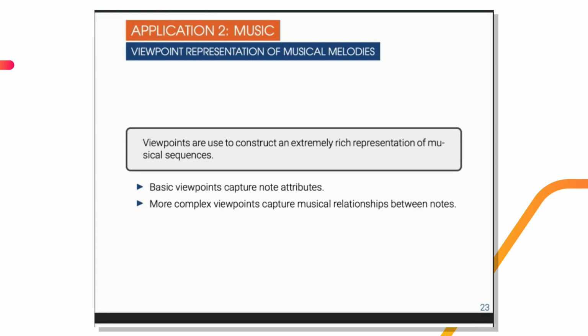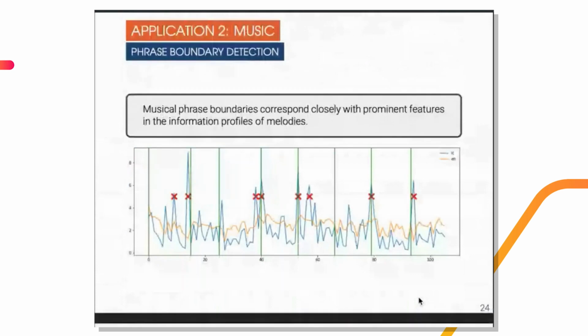And then you have more complex viewpoints, which capture more sophisticated musicological relationships between consecutive notes. So you might have things like inter-onset interval, pitch contour or pitch interval. These derived viewpoints can also be used in predictive models. So this is a very sophisticated representation that IDyOM provides for us.